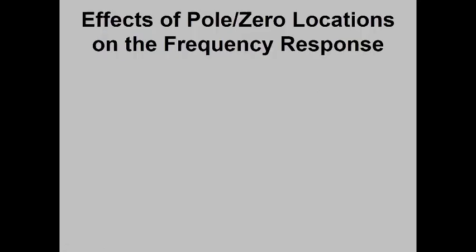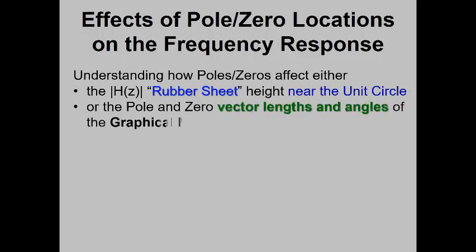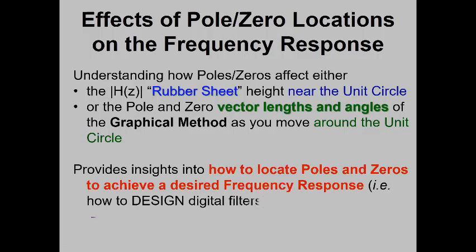Okay, and that's what we want to do now. We want to connect pole zero locations and how they affect frequency response. And understanding that, we can either think about that rubber sheet analogy or think about the vector lengths and angles in the graphical method. Either of those two should give us a qualitative idea for what the shape of the magnitude response, or the phase response for that matter, is going to look like.